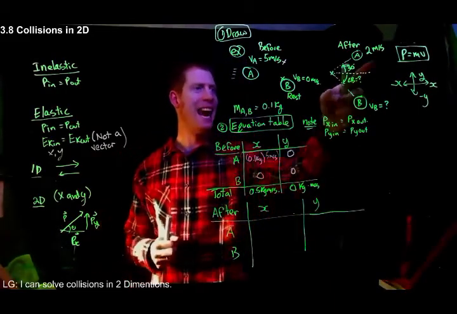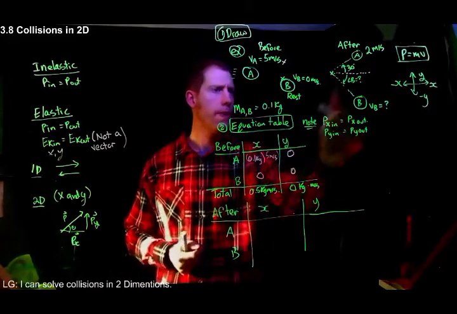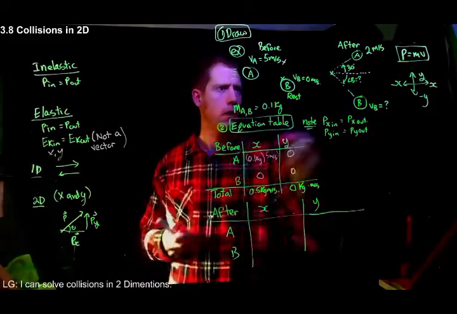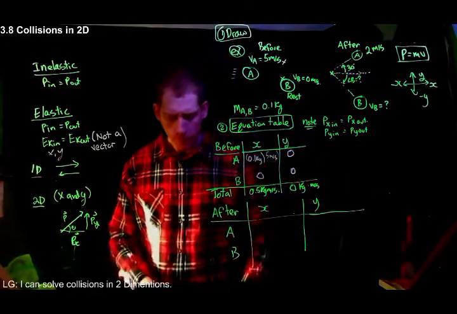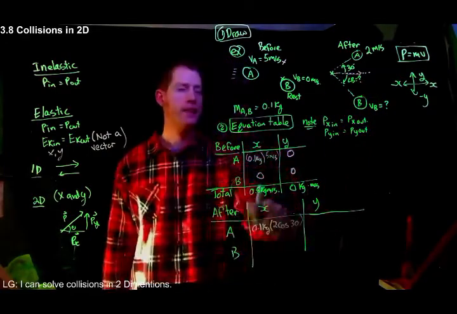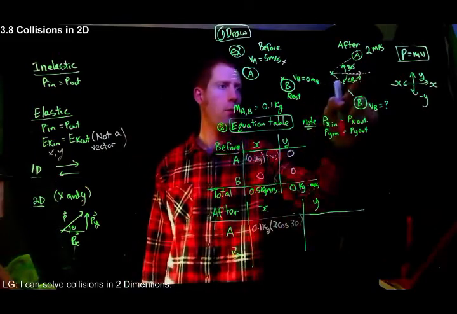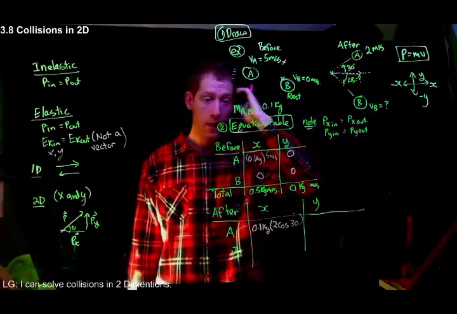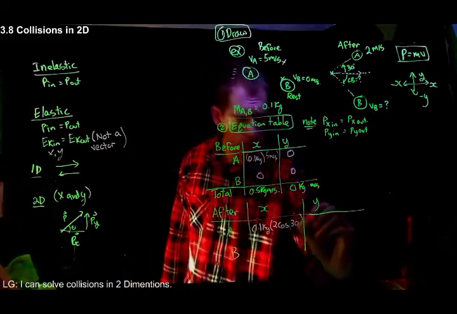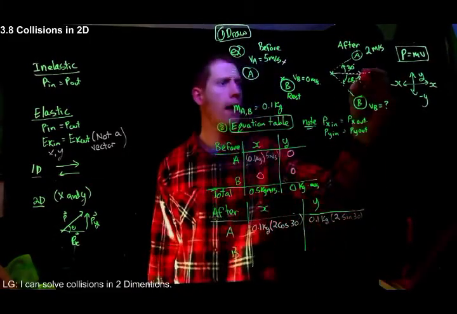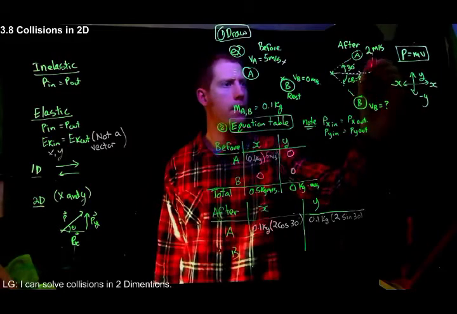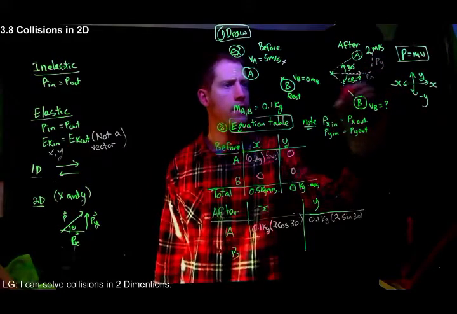For object A, I know this angle, so you can determine the X component of the momentum. And then in the Y component, we put the mass 0.1 times velocity, sine 30, and we're going to get PY and then PX.